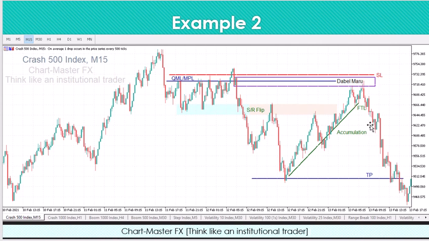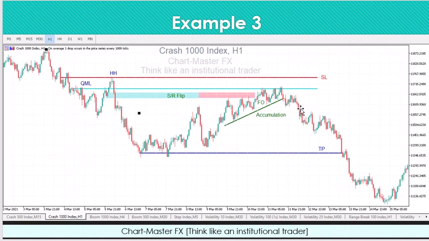You are going to get to know more about the double maru. The module for that is going to come. So here you can see that we had a confluence of accumulation and SR flip, where support turned to resistance here. So that's example number 2.